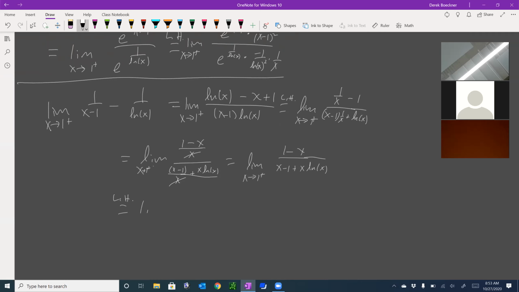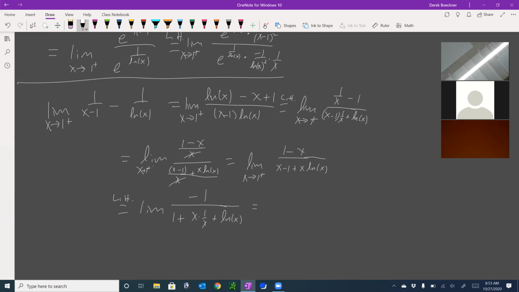Top goes to -1 by L'Hôpital's rule again. The bottom is going to go to 1 plus derivative of x natural log of x, is x times 1 over x plus natural log of x.